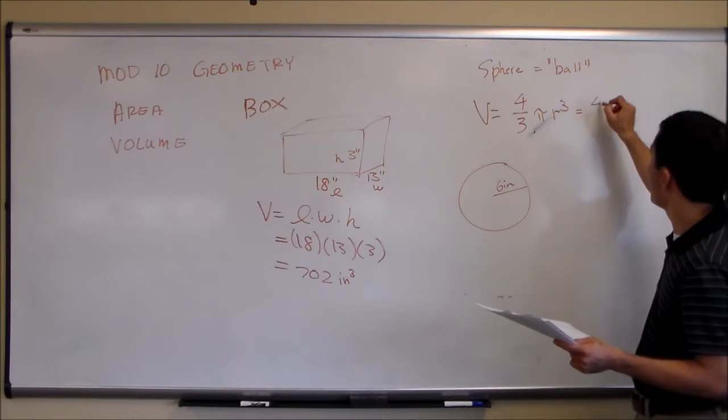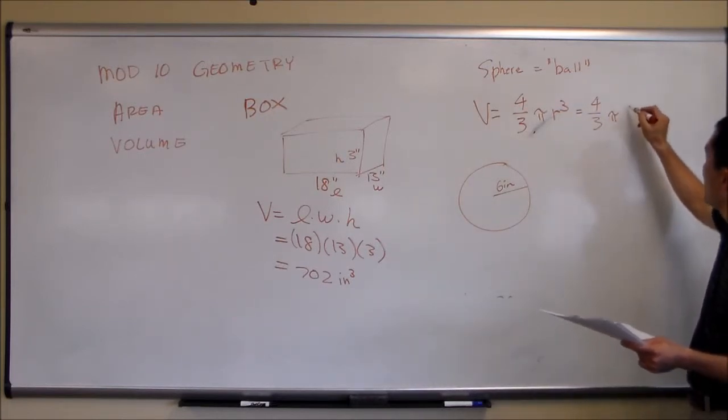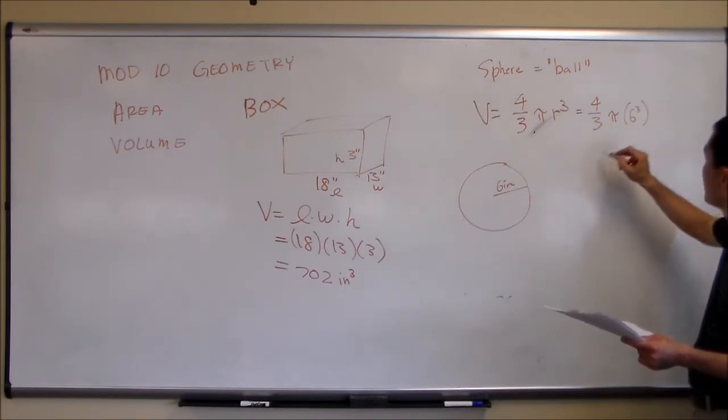Well, 4 divided by 3, leave the pi as pi, and then 6 to the 3 power.